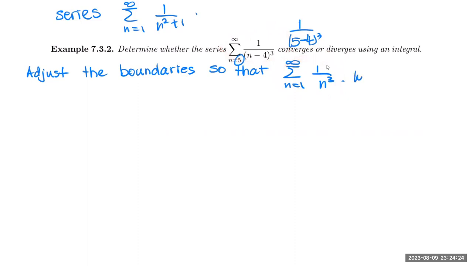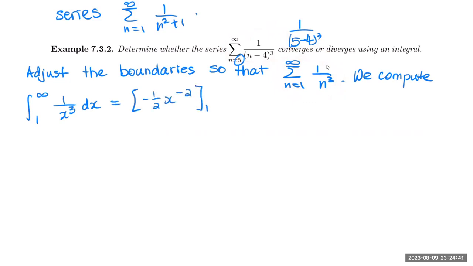Now we compute the integral, which is given by the integral from 1 to infinity of 1 divided by x cubed dx, which turns out to be negative 1/2 x to the power negative 2, evaluated from 1 to infinity. As a result, we only get 1/2.